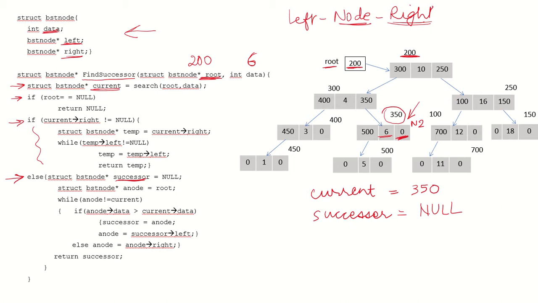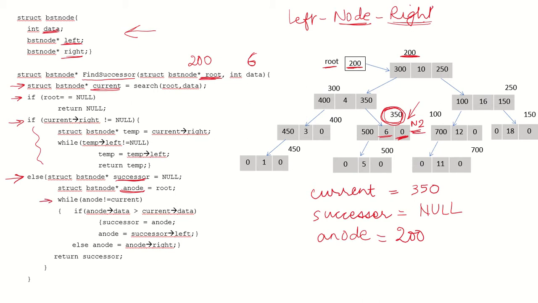We also have another variable, a node, which is what we are calling the ancestor node. So we are trying to find the deepest ancestor over here. So we initially start with the root value, which is 200, and we have to find the deepest ancestor of n2 in whose left subtree n2 is lying.